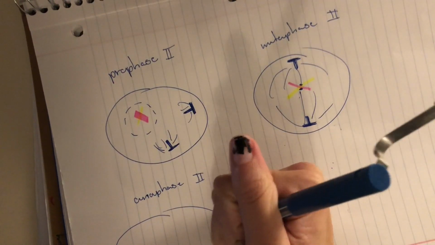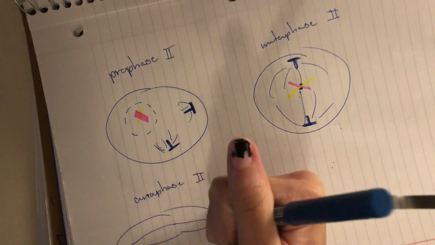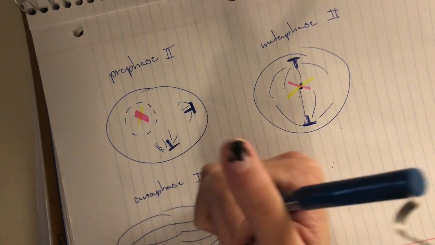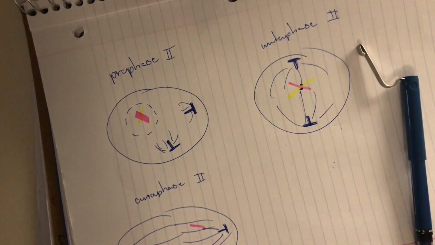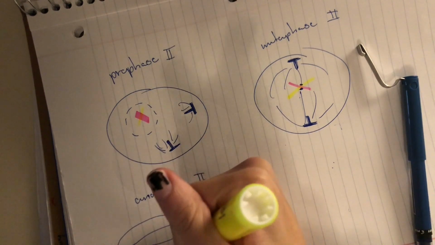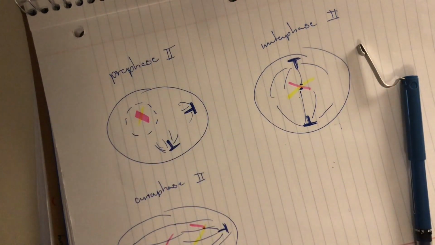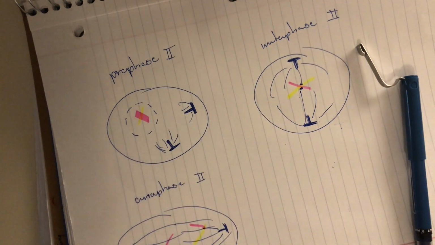Our non-kinetochore microtubules push the cell so it elongates, but the kinetochore microtubules are going to pull apart the chromosome at its centromere by shortening.